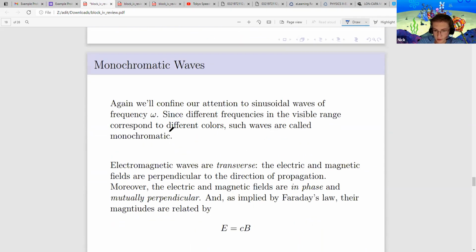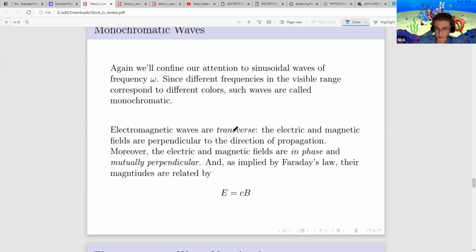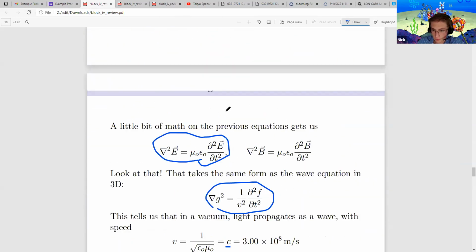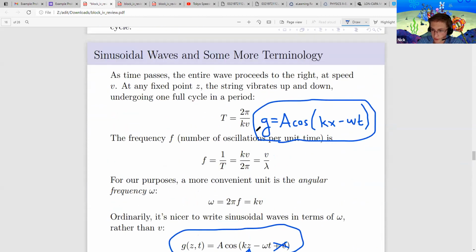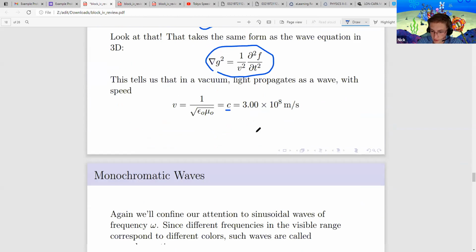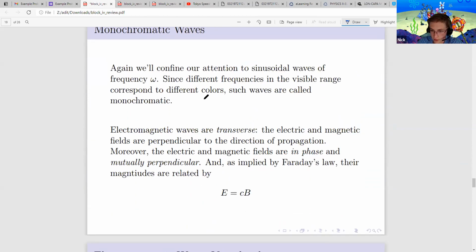All right, so monochromatic waves. This is basically just telling us that when we consider this wave form, usually we consider it in the context of an electric field or a magnetic field.